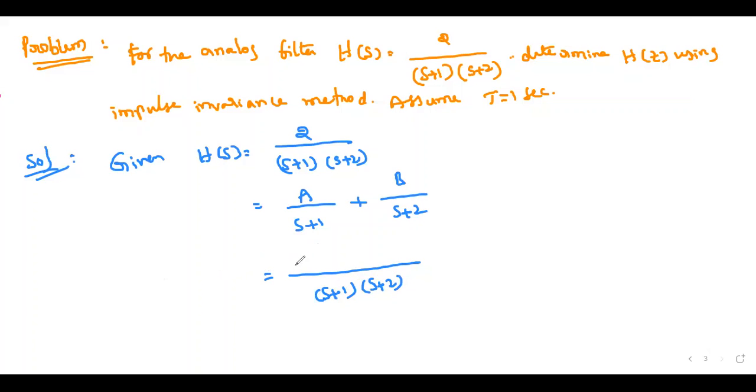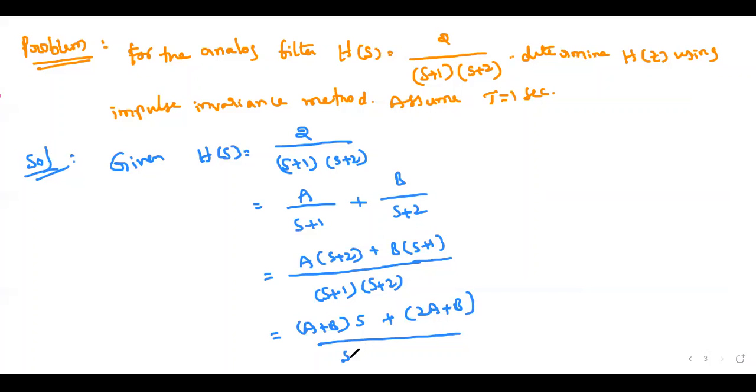Wherever you have a doubt, just look at the board and cross verify. A into (S plus 2) plus B into (S plus 1), this is equal to (A plus B) into S plus (2A plus B) by (S plus 1) into (S plus 2).